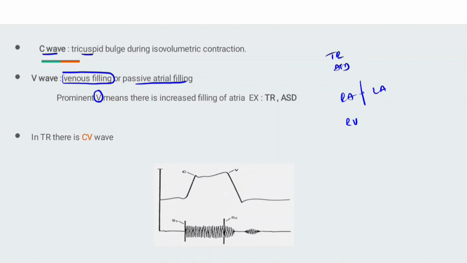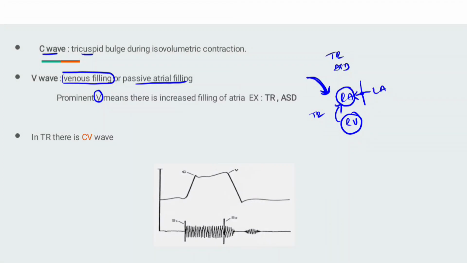If we have an ASD here, the right atrium gets blood from the superior vena cava and also from the left atrium, so there is more incoming blood. Similarly in tricuspid regurgitation, the right atrium gets blood from the superior vena cava and also from the right ventricle. So there is increased atrial filling.